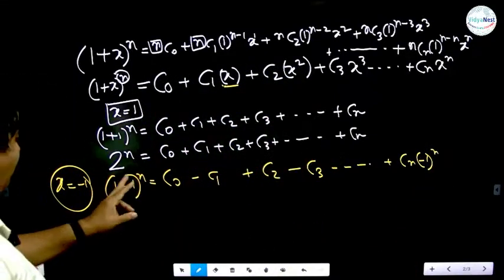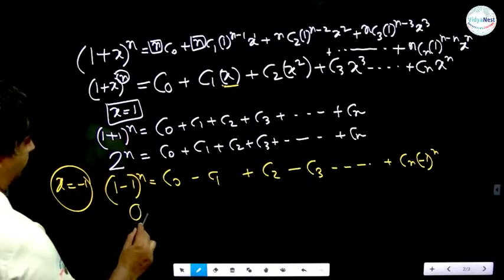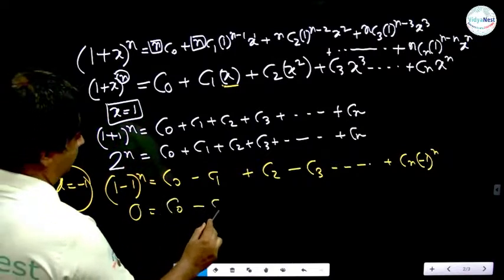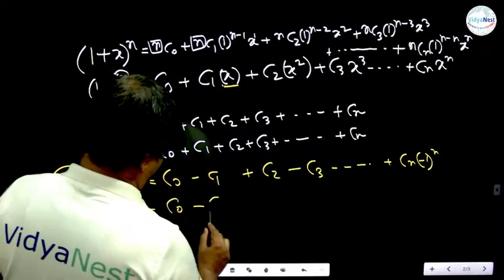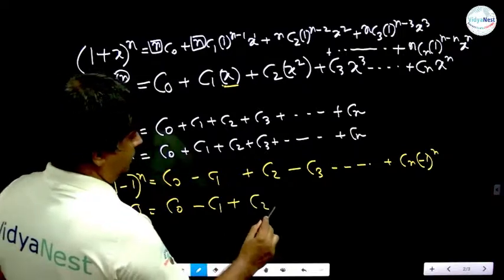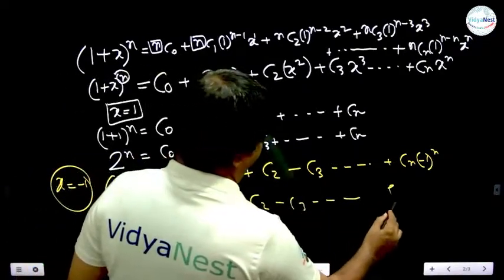So this 1 minus 1 will give you 0: C0 minus C1 plus C2 minus C3 up to Cn.